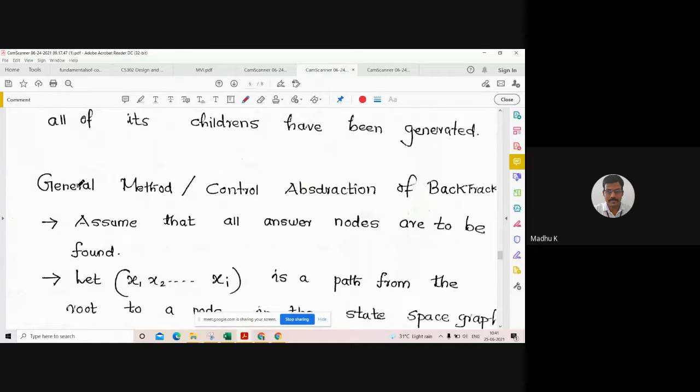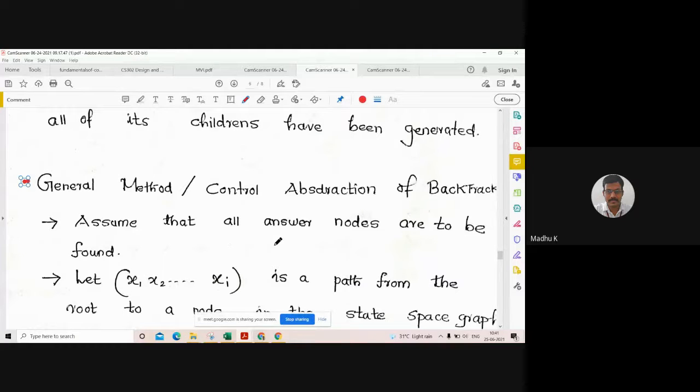This is the next topic: general method or control abstraction of the backtrack approach.